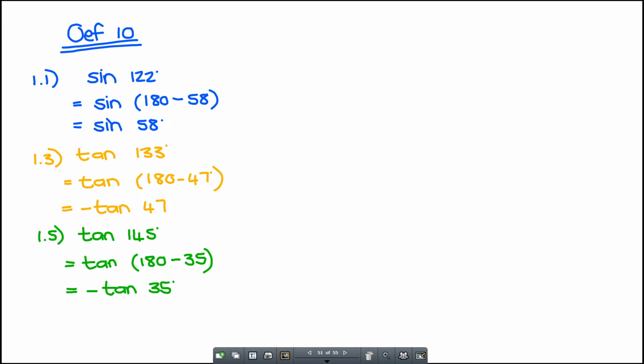Is tan negative 35 the same as negative tan 35? Jy het hom so geskryf. Ja, ek kon. But we prefer writing it like that. Okay, but it's not wrong.